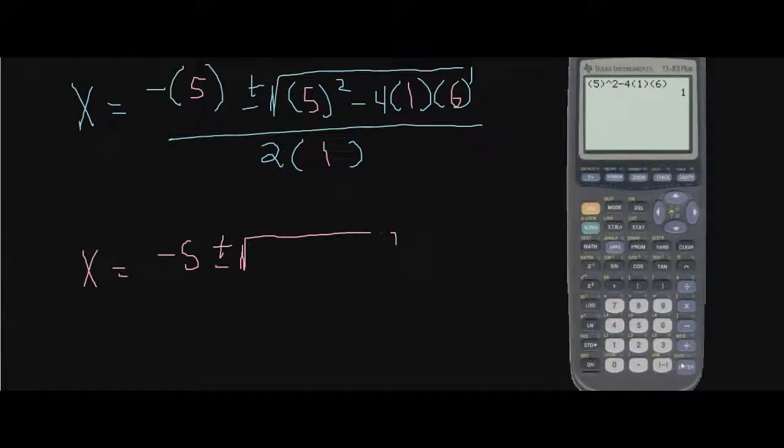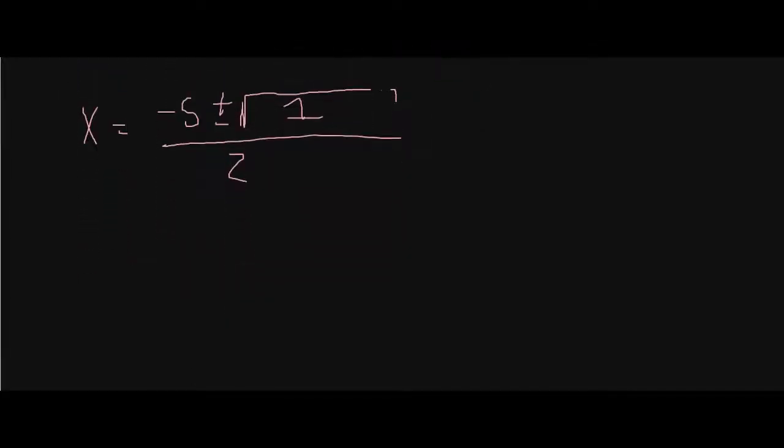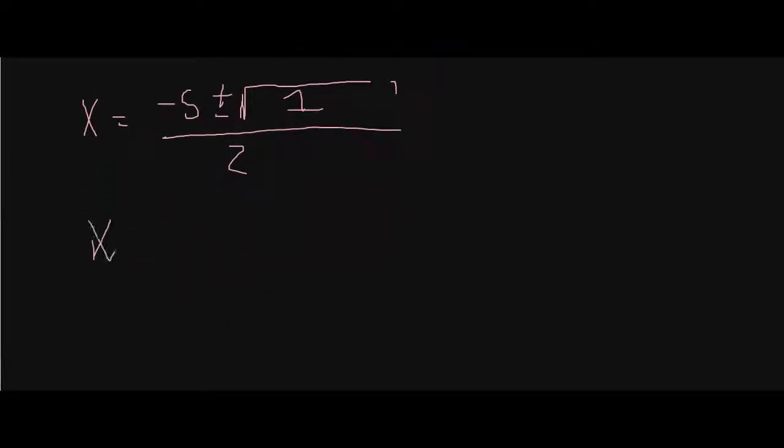Look at that, we get the square root of 1. So I'll put 1 in here, and this is all divided by 2 times 1, which is just 2. Now x is equal to negative 5 plus or minus, well, what's the square root of 1? It's just 1, all divided by 2.